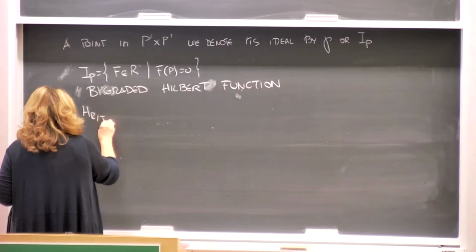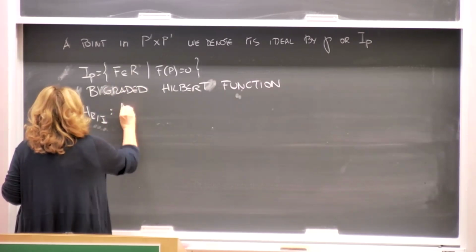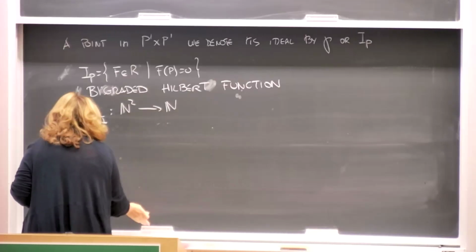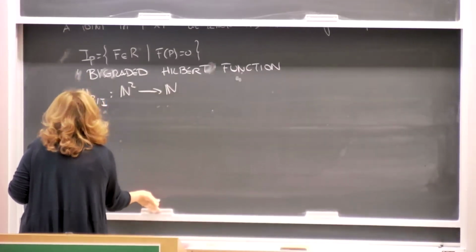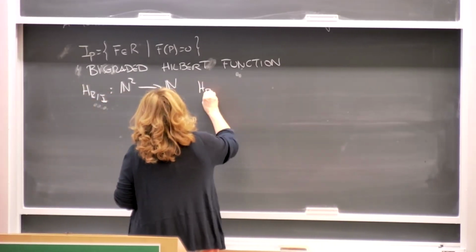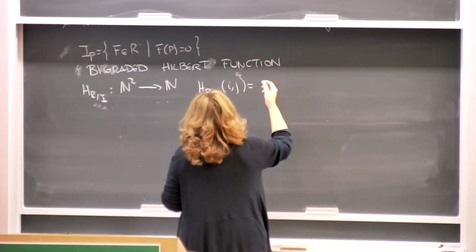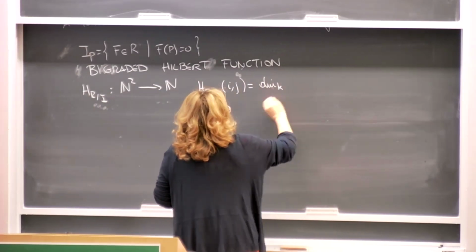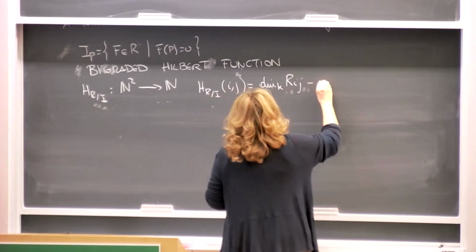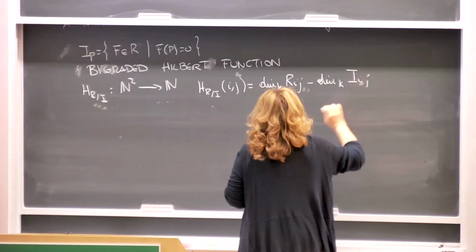And of course our Hilbert function, as I told you yesterday, I've always used to consider the module. So it goes from N squared to N, and it's defined by, so maybe you can see here. So h in bidegree ij, as usual, is the dimension as vector space of Rij, the monomials in bidegree ij, minus the dimension as vector space of our ideal in bidegree ij.